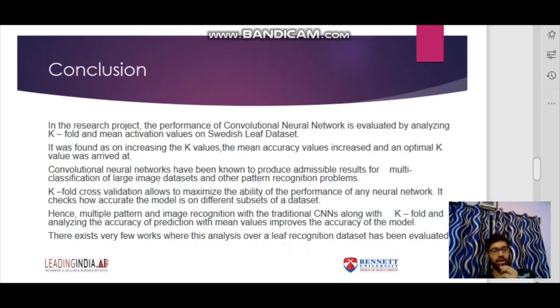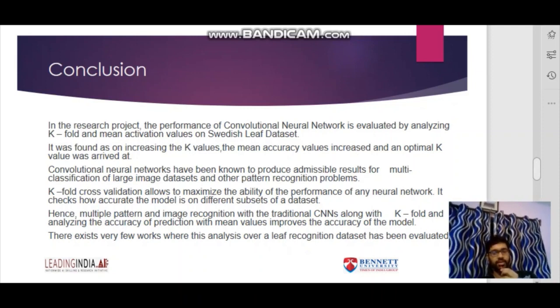It checks how accurate the model is on different subsets of a dataset. Hence, multiple pattern and image recognition with the traditional CNNs along with K-fold and analyzing the accuracy of prediction with mean values improves the accuracy of the model. There exist very few works where this analysis over a leaf recognition dataset has been evaluated.